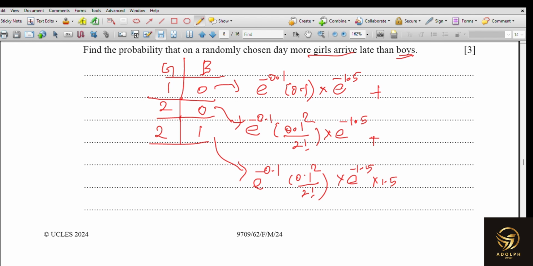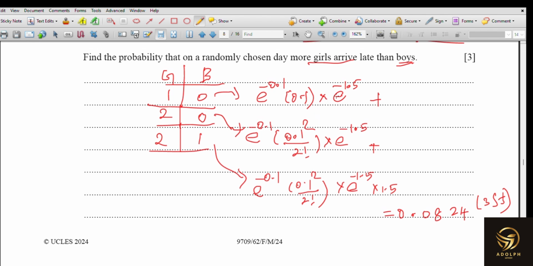That entire value, if you put in the calculator, we get the answer as 0.0824, rounding to 3 significant figures. This question is quite a new thing. It is interesting. You may find it hard, but if you understand the essence, it is easy.